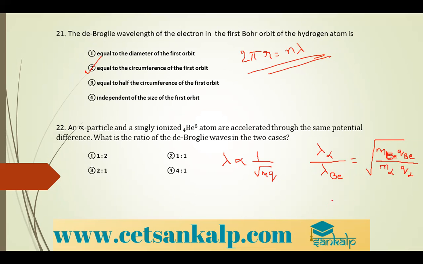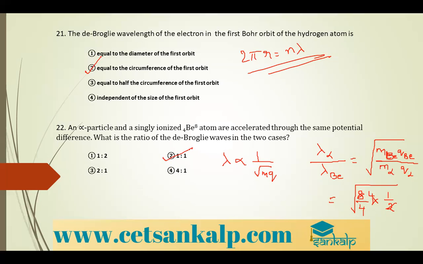So when you see the mass, it is 8 times alpha, 2 times alpha, 4 into charge, it will be 2 times 1, root. So it is 1:1.